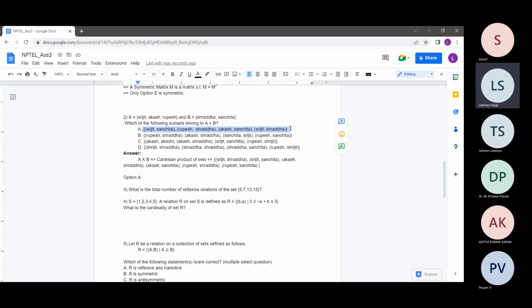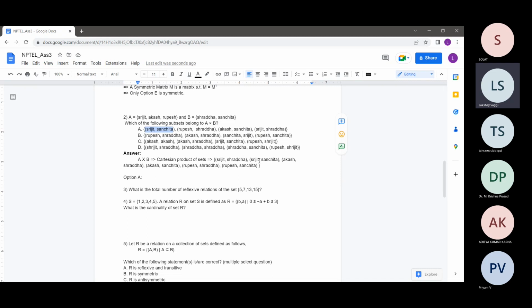Let's check whether this is a subset of the set A cross B. All we have to check for being a subset is that all the elements of this set should belong to the bigger set, which is A cross B, right? So option A, Srijit comma Sanchita, I see here.